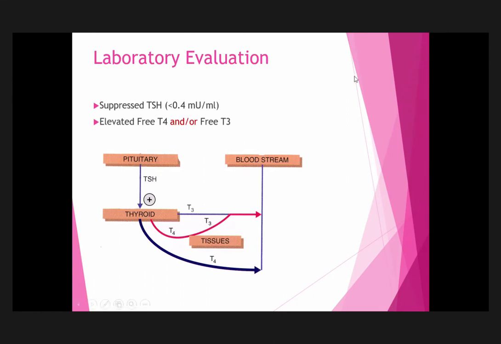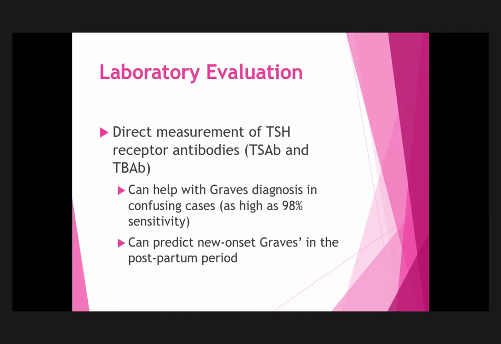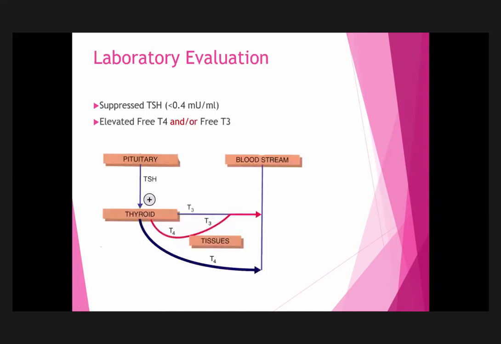Negative feedback effect. But the next question, which I always ask my students: how will you understand that your patient has Graves' disease? Students usually answer, because they have elevation of T4. Please remember, elevation of T4 doesn't mean that it is Graves' disease.